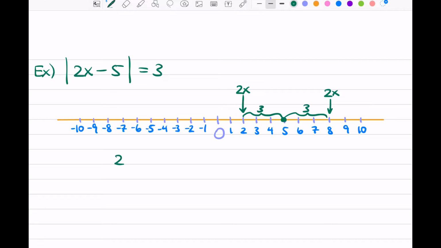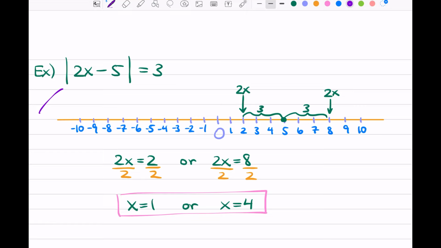So we have 2x equals 2, or 2x equals 8. And we divide by 2 on both sides, and we get x equals 1, or dividing by 2 again, we get x equals 4.